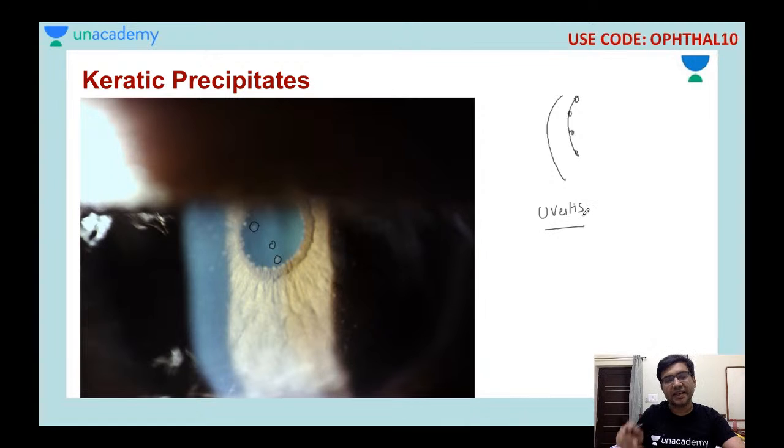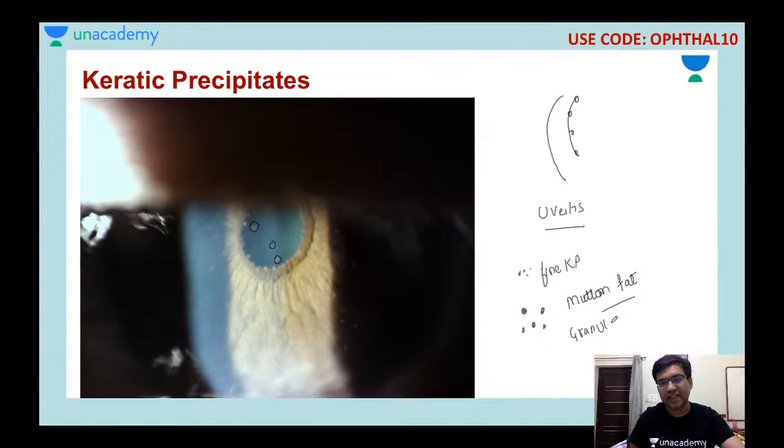Now remember, these Keratic Precipitates can be fine Keratic Precipitates, and the fine Keratic Precipitates are seen in non-granulomatous uveitis. You may have larger, big Keratic Precipitates that are called mutton fat Keratic Precipitates, and you get them in granulomatous uveitis.